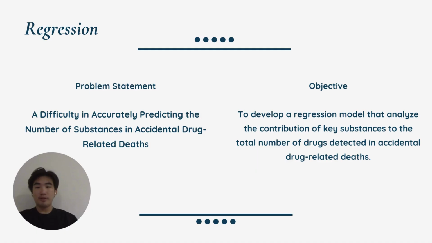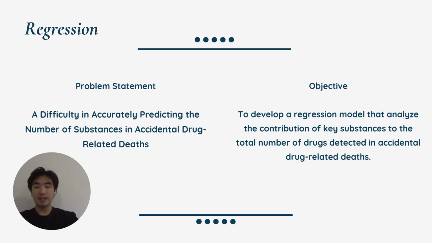So the problem statement for regression analysis is a difficulty in accurately predicting the number of substances in accidental drug-related death. Most drug-related deaths involve multiple drugs, which makes it difficult to understand how different drugs contribute to the overall substance use in each case.